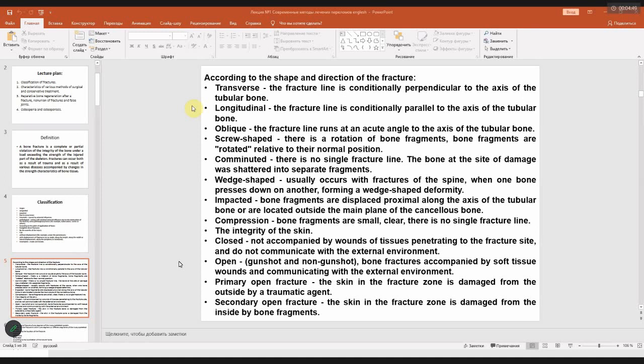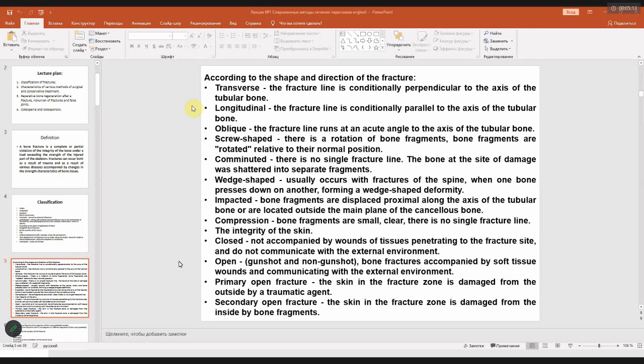Impacted, bone fragments are displaced proximally along the axis of the tubular bone or are located outside the main plane of the cancellous bone. Compression, bone fragments are small, there is no single fracture line.